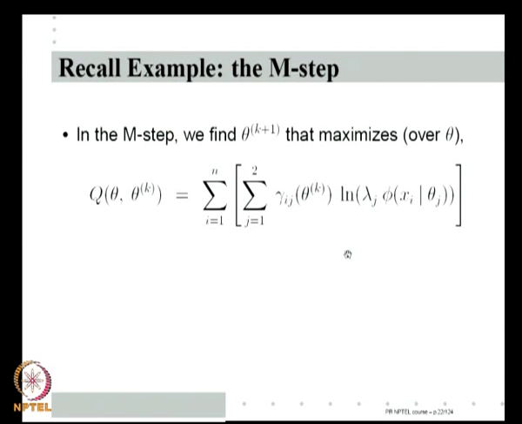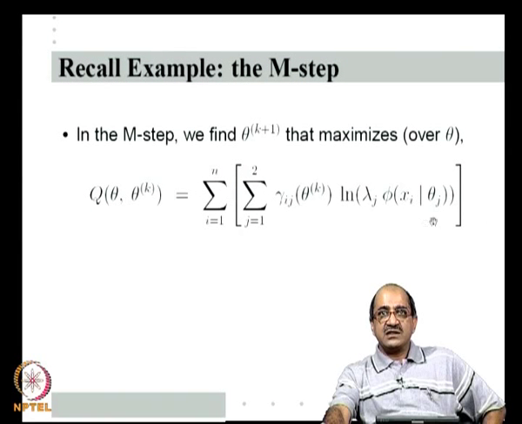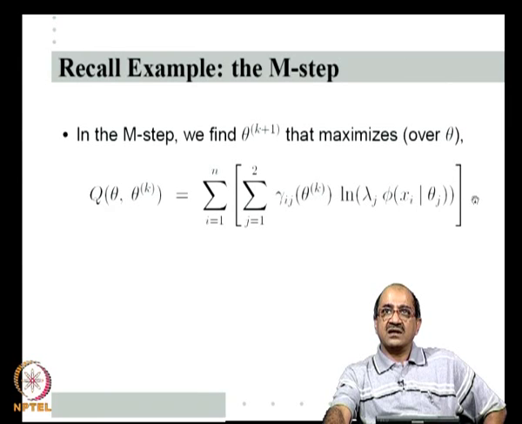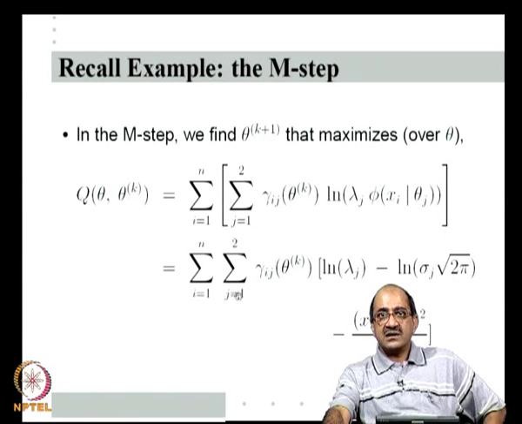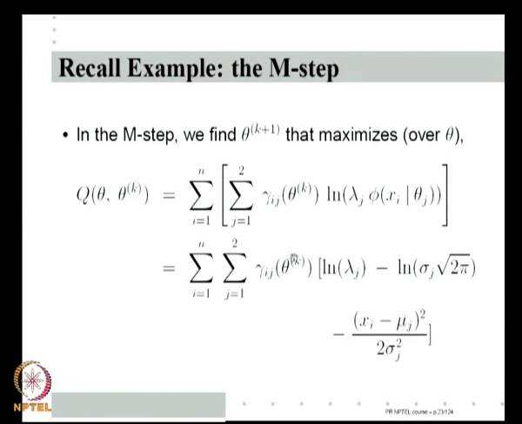So, under the M step, we have to maximize this over theta. We can expand this now. We know phi is a Gaussian with the mean mu_j and variance sigma_j. So, I get this. Okay. The gamma_ij remains.